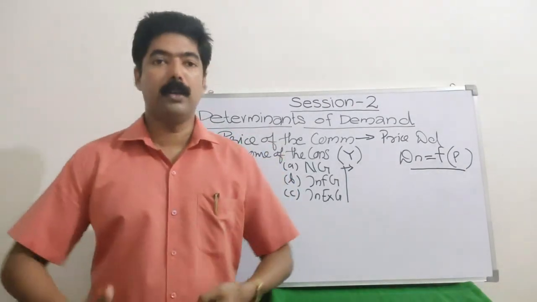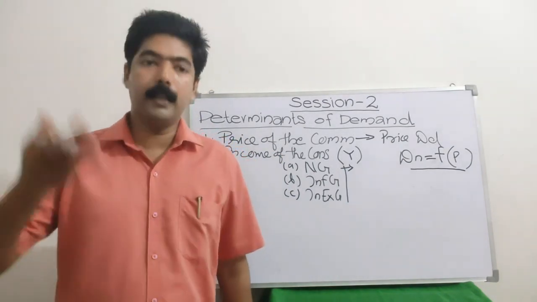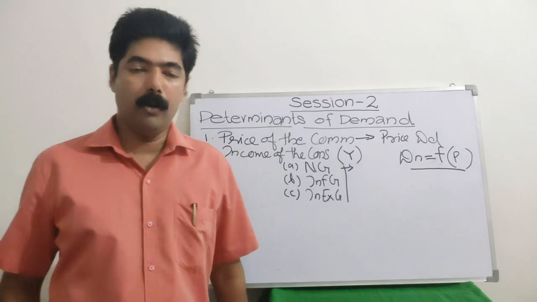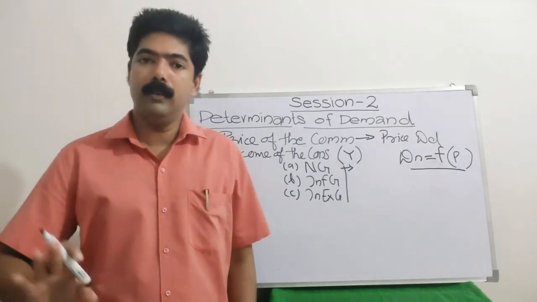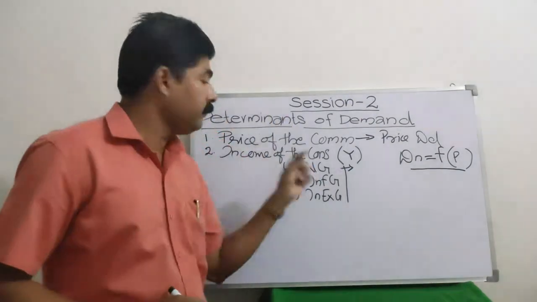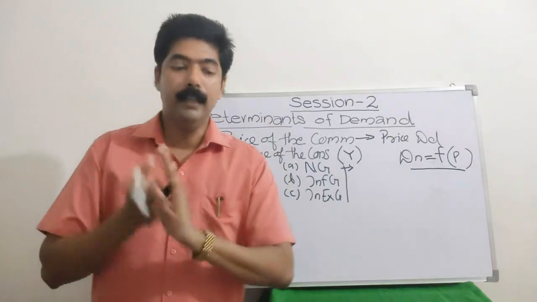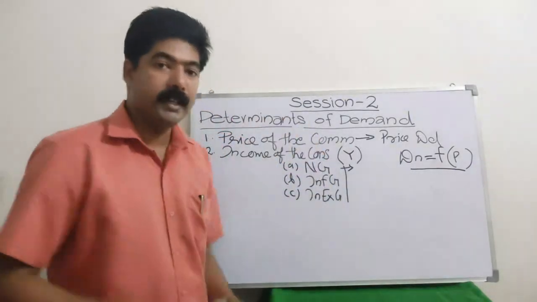So in normal goods, we can see a direct relationship. When income increases, purchasing power also increases. When income decreases, purchasing power also decreases. This is the case of normal goods. It's directly related.